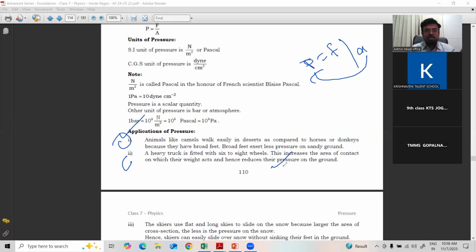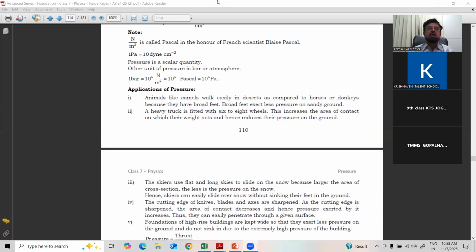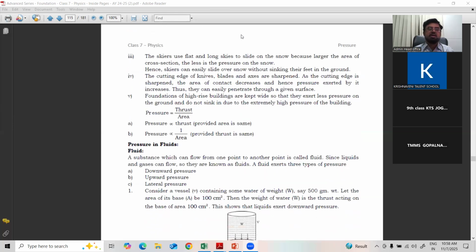As the area of contact increases, pressure on the road decreases so that it moves along the road smoothly. A very, very important application of pressure. One is the camel walking in a desert, and the second is a heavy truck with more wheels. Also an example where pressure is exerted.